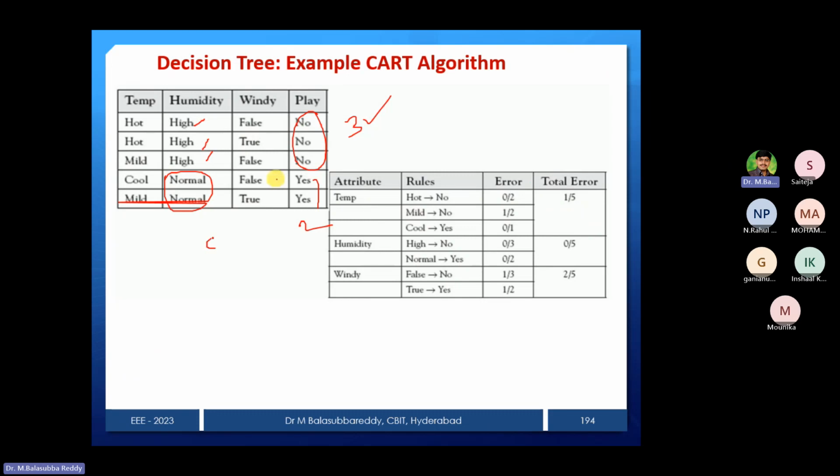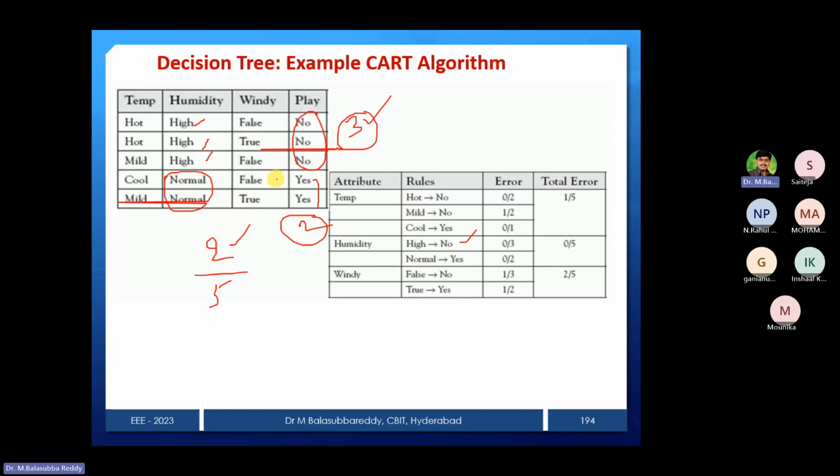Error is incorrect divided by total, 2 by 5. Or if I take humidity is normal, 2 will be correctly classified, 3 will be incorrectly classified. That's why 3 by 5 we will get. So therefore, which is minimum? 2 by 5 is minimum. That is the reason I can take humidity high is no. High is no. This is the rule.